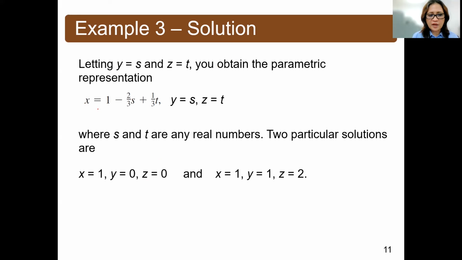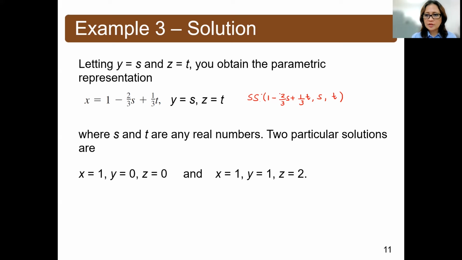Then the expression for x becomes 1 minus 2/3 s plus 1/3 t. y is s, z is t, and hence we can now express the solution set in coordinate form as 1 minus 2/3 s plus 1/3 t for the first coordinate, which is of x. And since y is s and z is equivalent to t, this will be the solution set for the given equation.